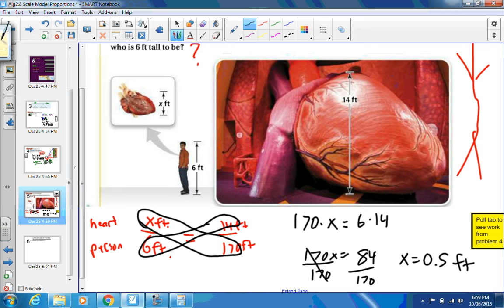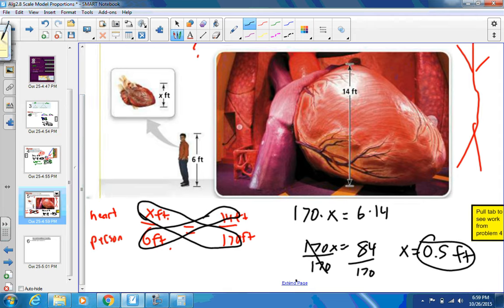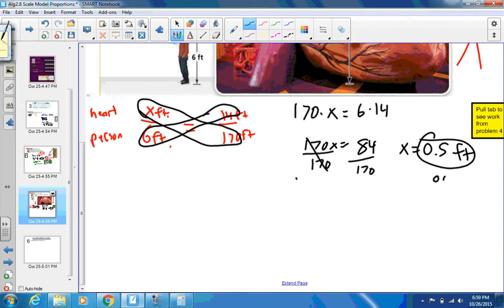So that would mean that if a person is 6 foot tall, the height of their heart would be around a half a foot tall. So 6 inches. And that would probably be a better way to say it. If it's a half a foot tall, you could say, or 6 inches.